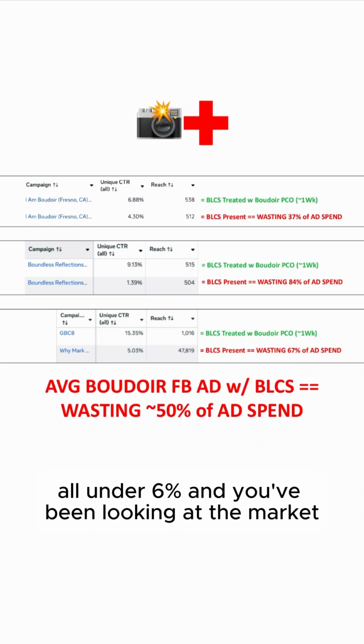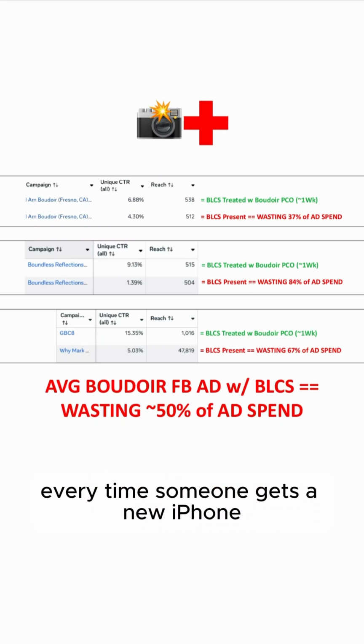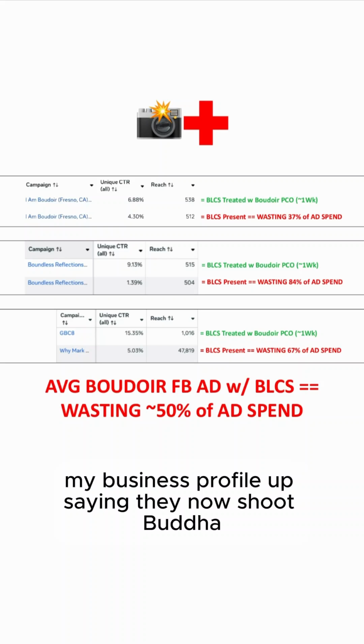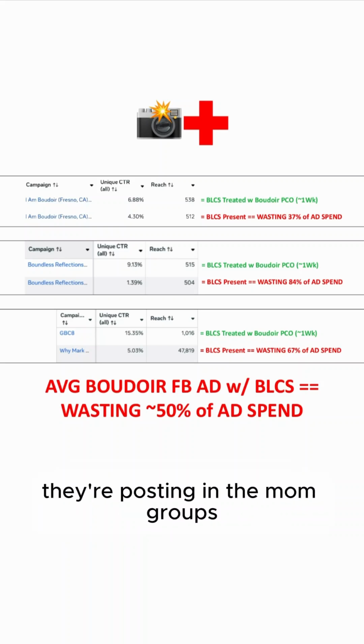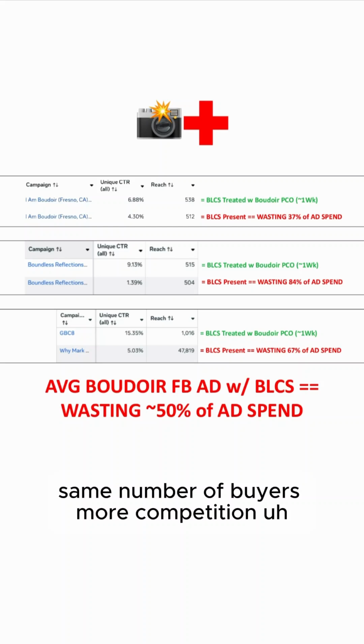And you've been looking at the market, seeing it get more and more saturated, more boudoir photographers. Every time someone gets a new iPhone, they're putting their Google My Business profile up saying they now shoot boudoir. Every time someone gets a new camera, they're posting in the mom groups saying they now shoot boudoir. So more saturation, same number of buyers, more competition.